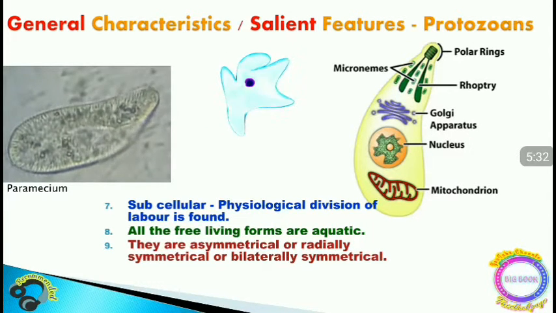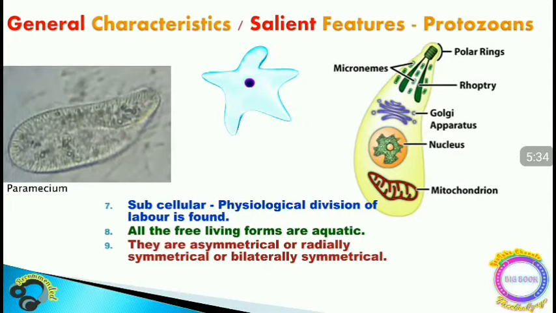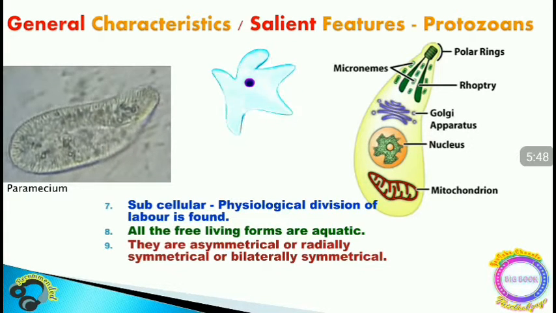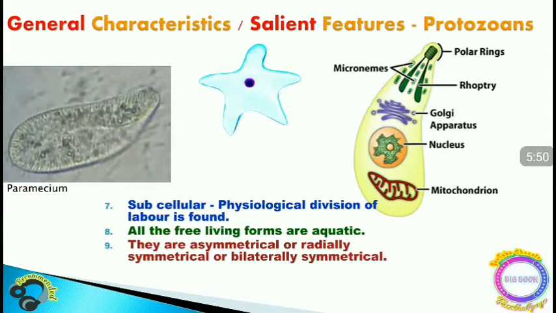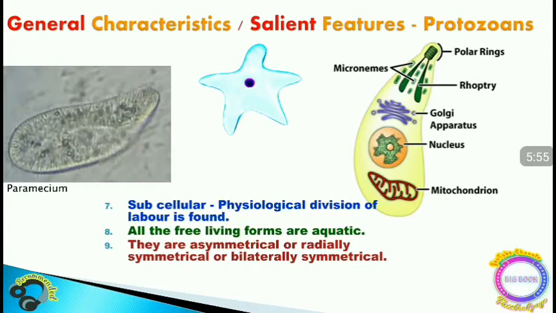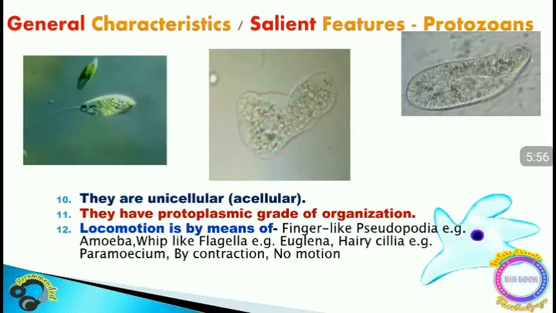When you see the euglena, that also, and when you see Plasmodium vivax, that also gives bilateral symmetry. Radial symmetry is also observed in certain unicellular organisms, where they are found to be spherical or round in shape.